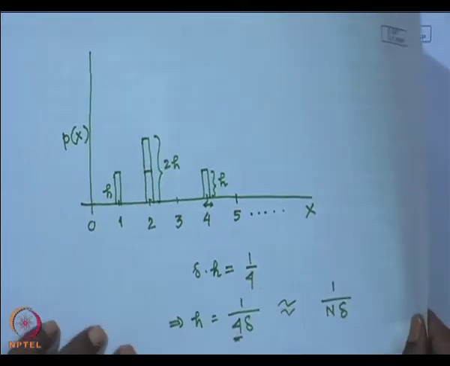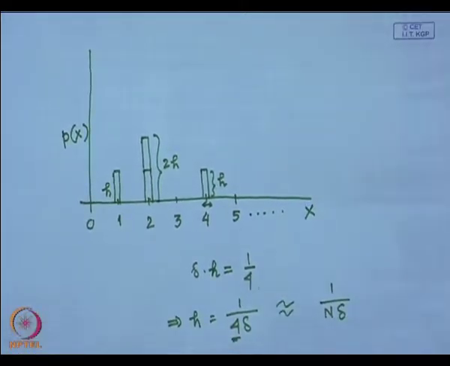Now, when I have such delta functions to be used for estimation of the probability density function, you find that I do not get a smooth probability density estimate, or in other words this is not really suitable for estimation of a continuous probability density function.